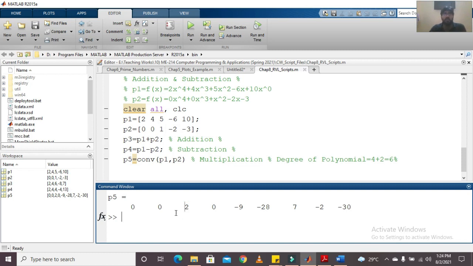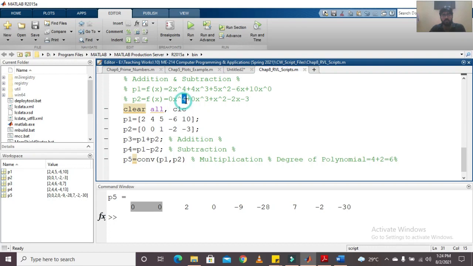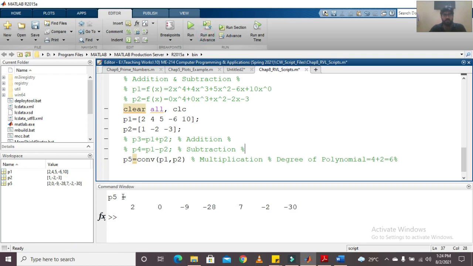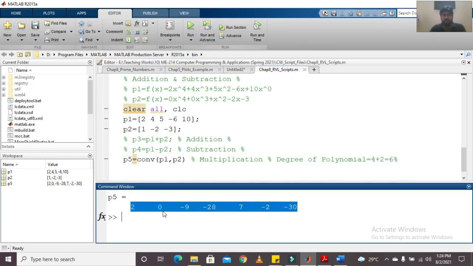But again, some of you may be concerned about why it is mentioning x to the power 0 and x to the power 8, because I have carried out a multiplication for x to the power 4 and x to the power 4. So let's say if I remove these and I remove them as well, and when I run it, the additional zeros now have been removed.